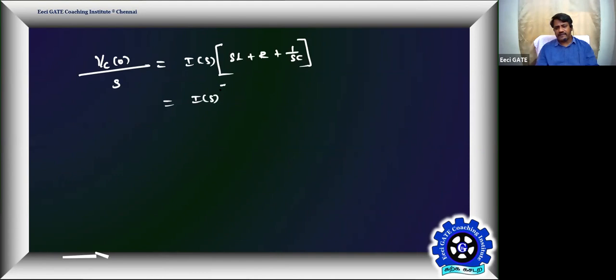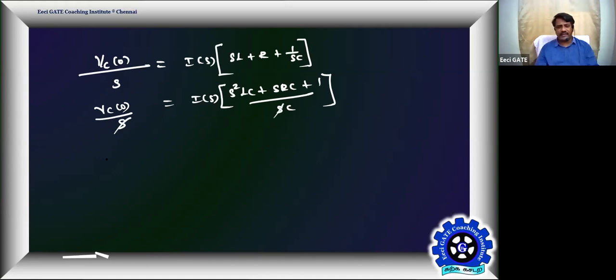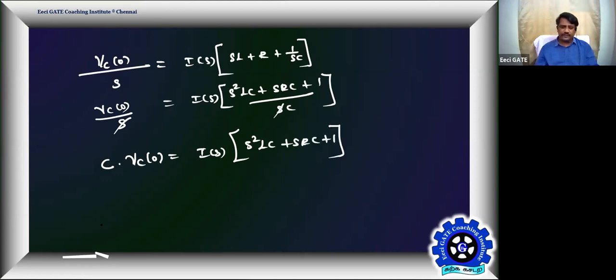Then I(s) into (s²LC plus sRC plus 1)/(sC). This s will get cancelled, so C·VC(0) will be I(s) into (s²LC plus sRC plus 1). Getting everyone?